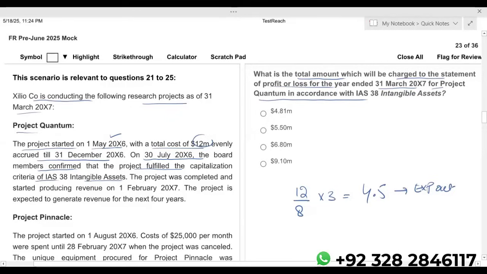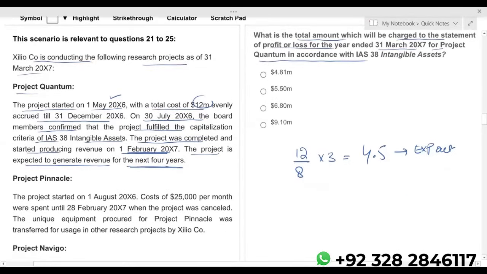But don't forget, we have to go till 31st March X7. The project was completed and started producing revenue from 1st Feb X7. The project is expected to generate revenue over the next 4 years. So the examiner has given us the useful life of the intangible asset, and over the useful life we will amortize this.